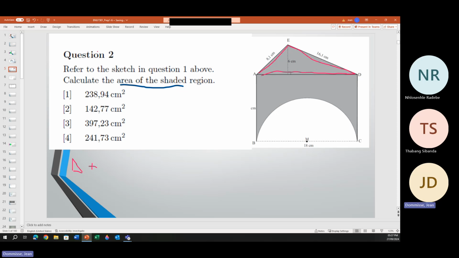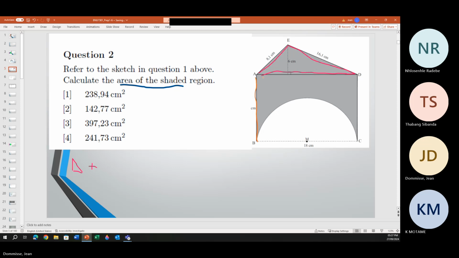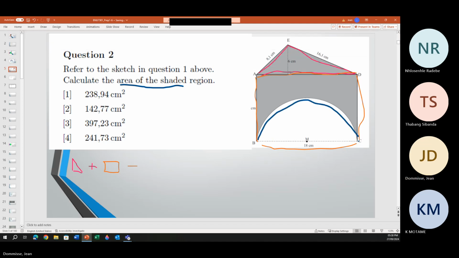Then we're going to add the area of the square, and then we need to subtract the component of the semicircle.